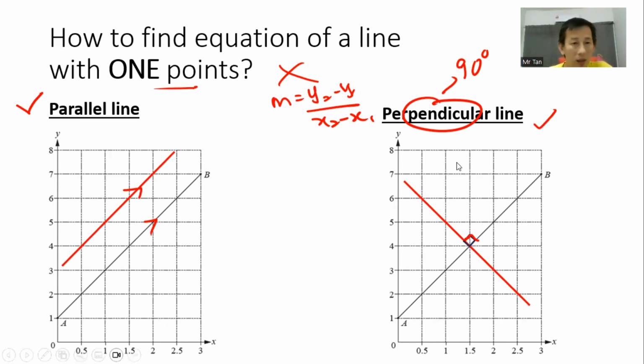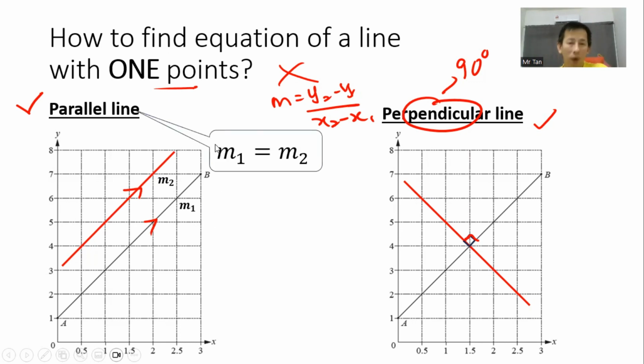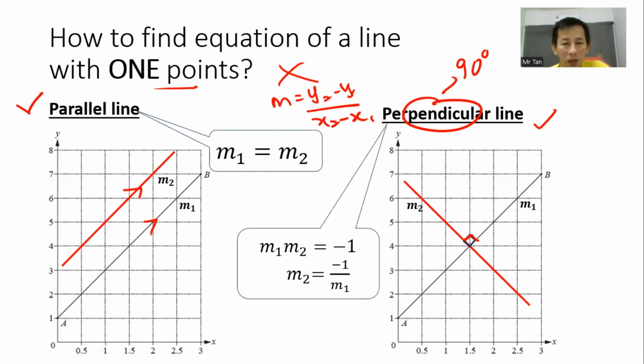If you have parallel lines, let's say this is m1, and the gradient of the second line is m2, therefore m1 should equal m2 because the lines have the same gradients. Whereas if you have perpendicular lines, the first is m1 and the second is m2, m1 times m2 should equal -1. Therefore, your m2 equals -1 over m1. We will go through this later.